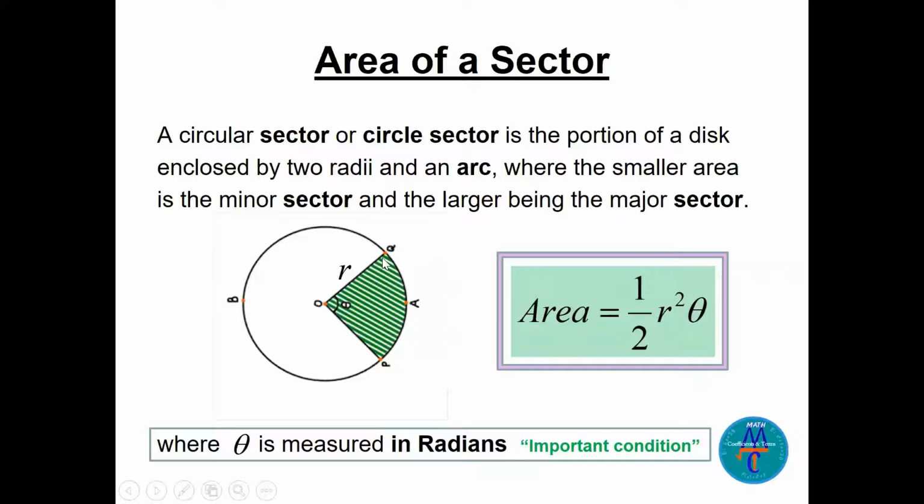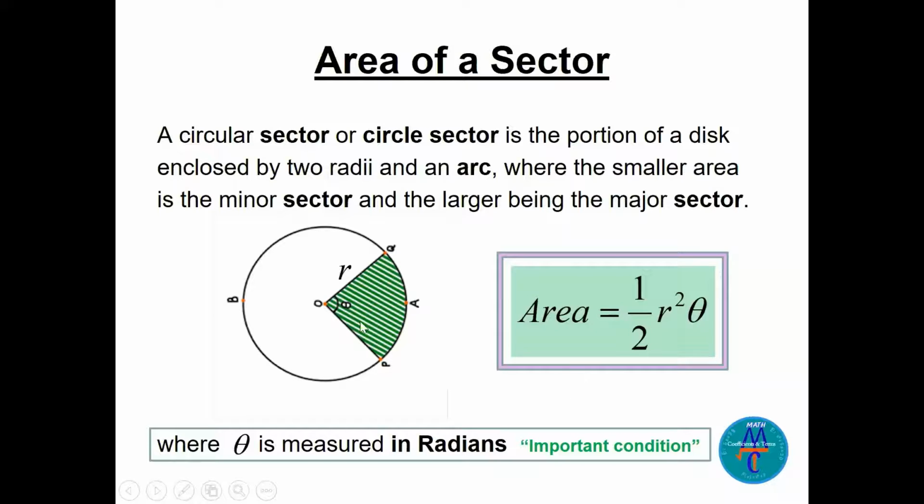Now if we have a sector, this is a sector. The area will be half r squared theta. See r here, you square it. But remember theta should be in radians also.